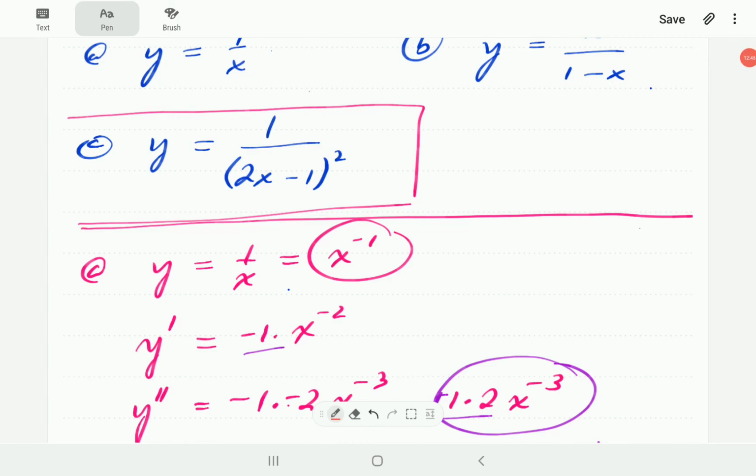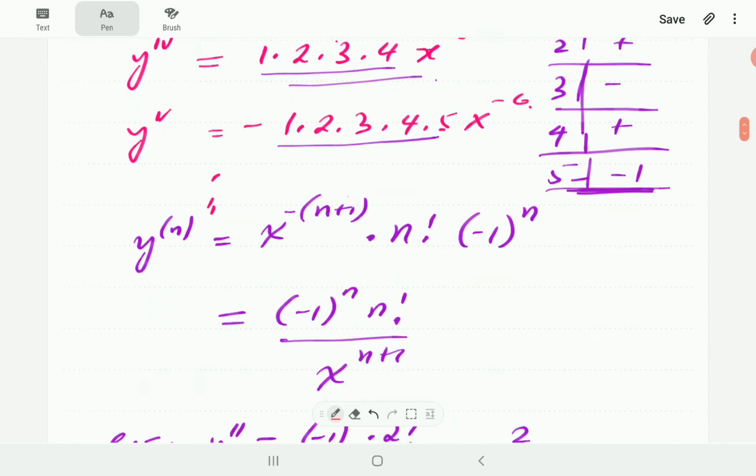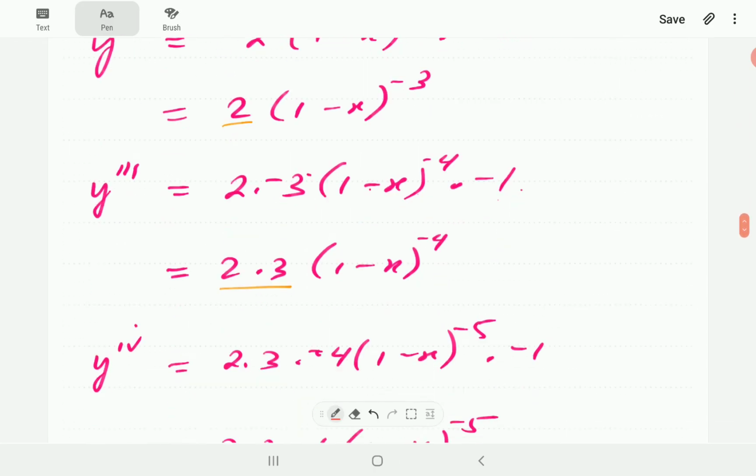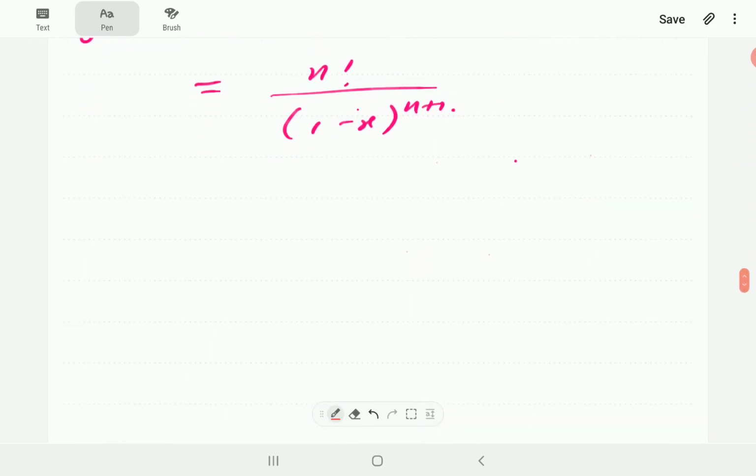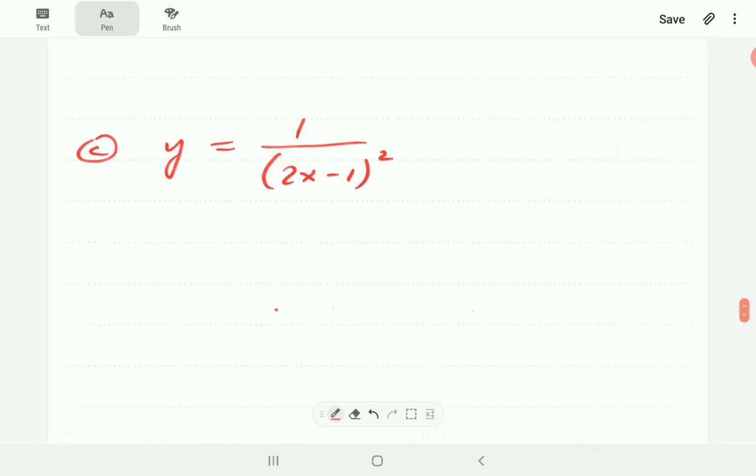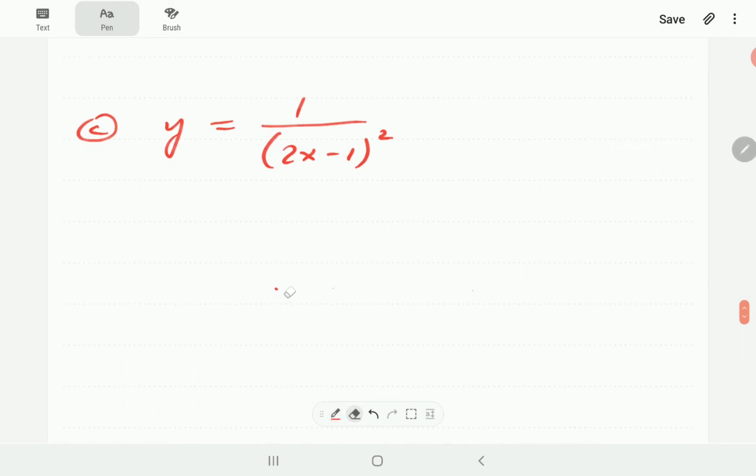All right, we're now going to continue with part C. With C, we notice that the numerator does not involve an x term.